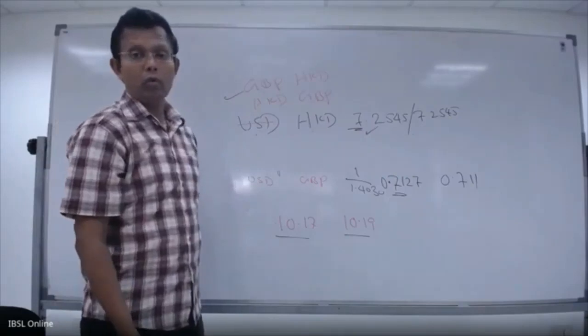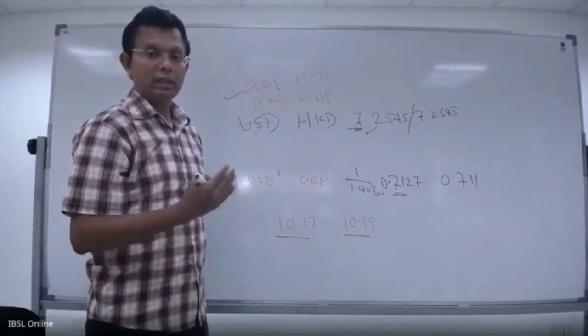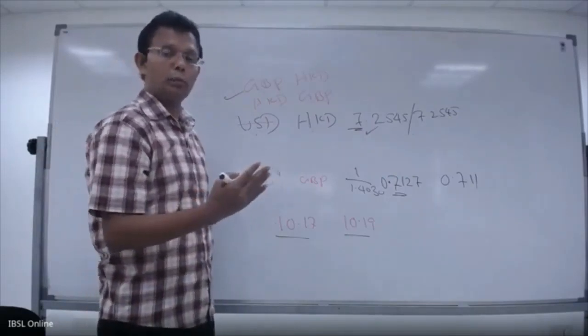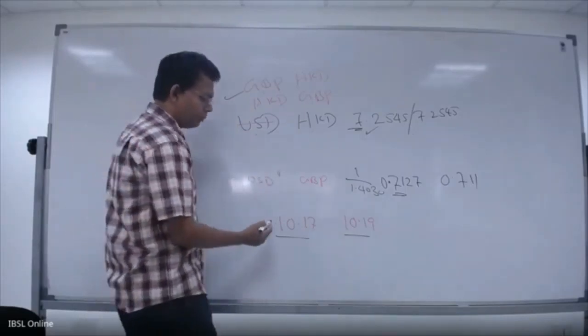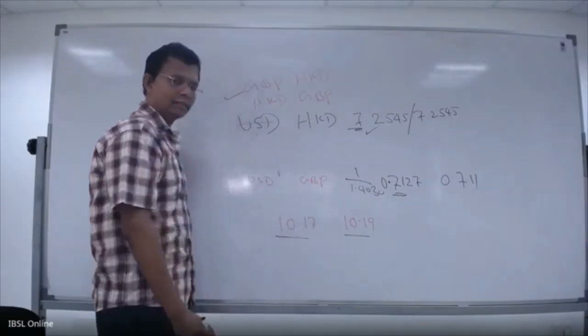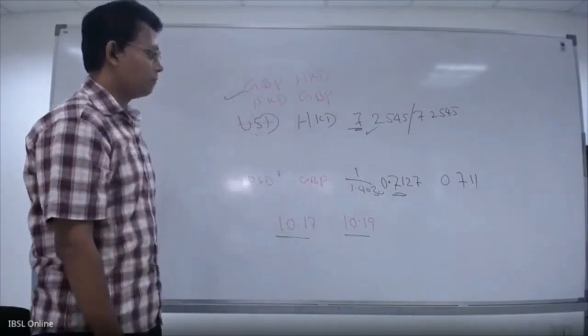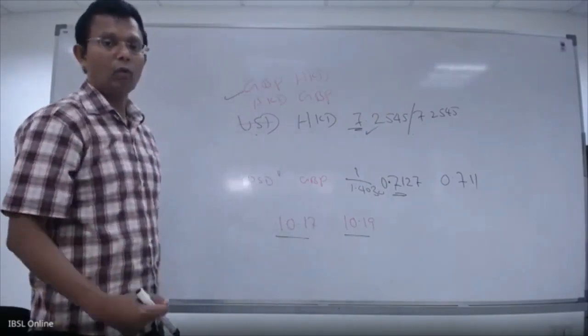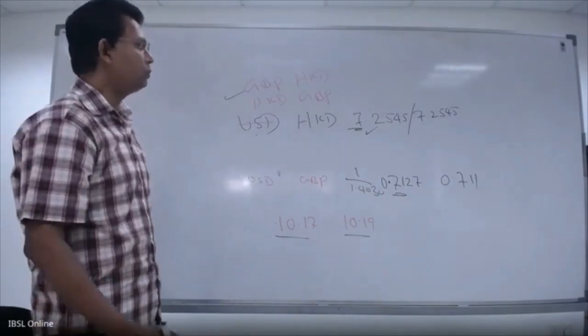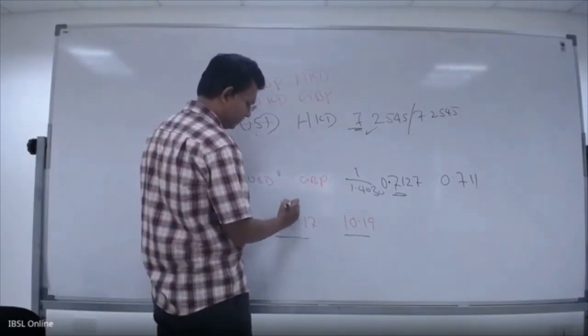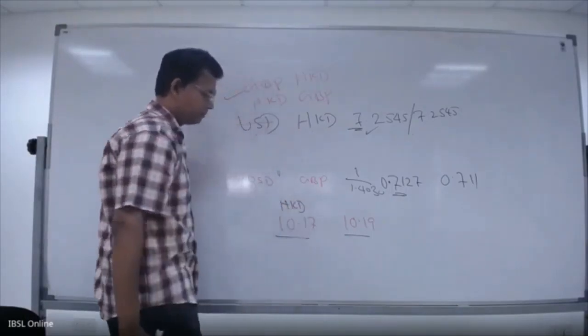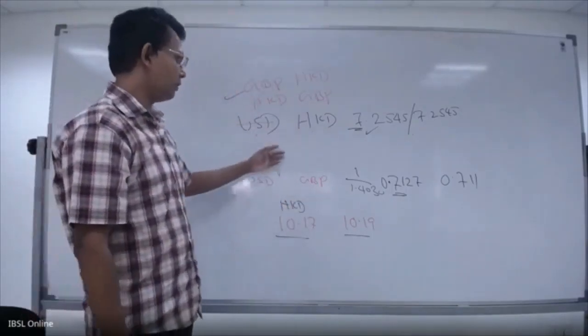You pay more, so obviously the amount you pay more should be on your right hand side. Anything you pay more should be on your right hand. This is HKD. The HKD amount comes once you calculate this.